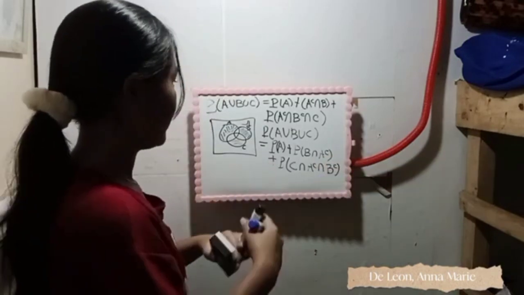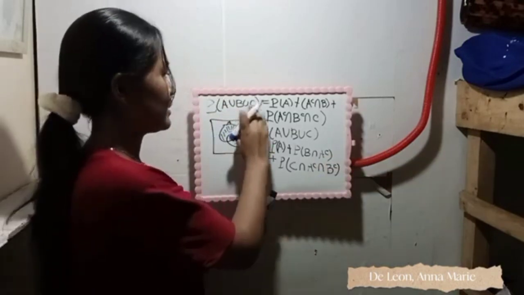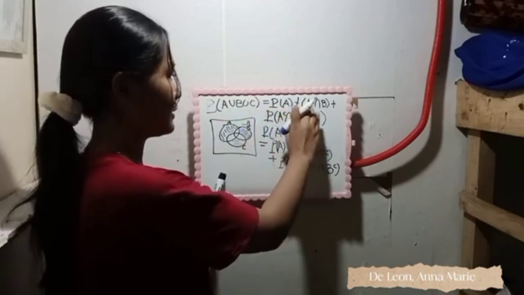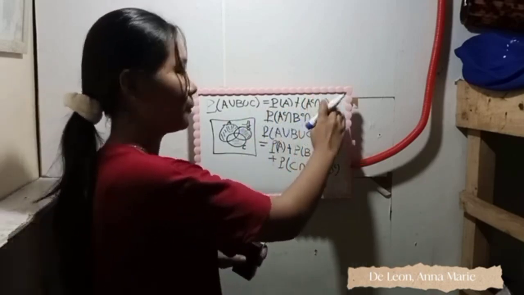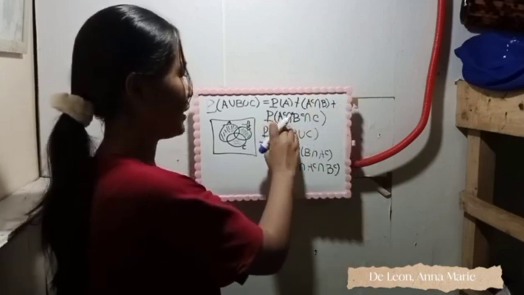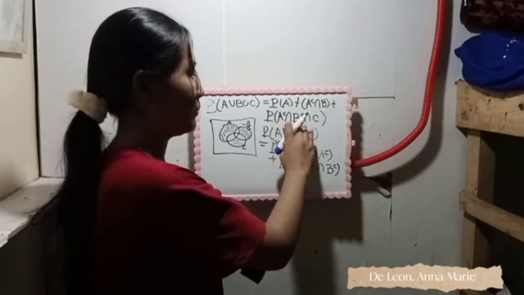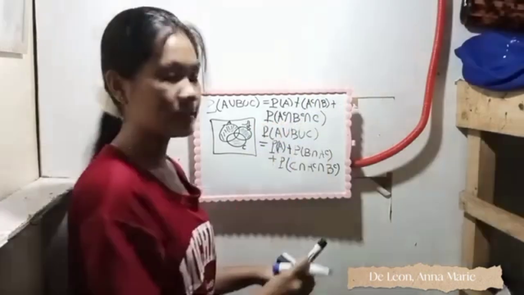So here we prove that A union B union C is equal to the probability of A plus the probability of A complement intersection B plus the probability of A complement intersection B complement intersection C.